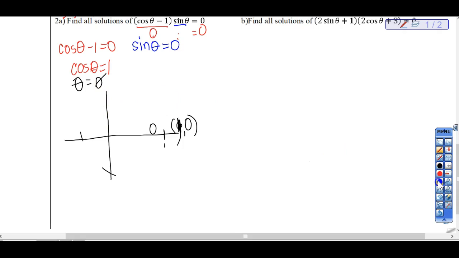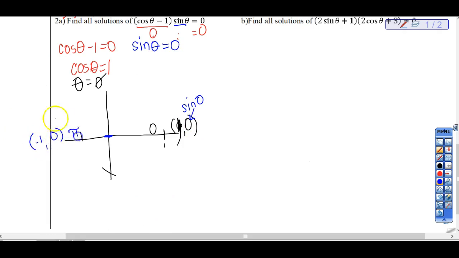Now, let's talk about where sine of theta equals 0. Sine of theta is my y-coordinate. Y equals 0 right here, right? So the sine of 0 is 0, right? Is that the only place that exists on the unit circle, or does it also exist over here?